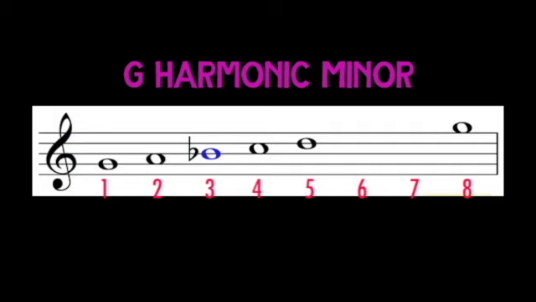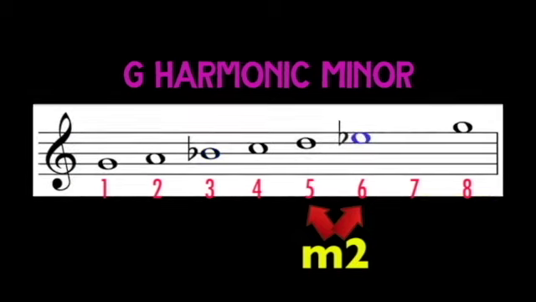So we're almost there. All we have left to do is get the 6th and 7th scale degree. But these are the hard ones in minor because these are the ones that change. If you've studied these scales, you'll know that there's a half step in the harmonic minor scale between the 5th and 6th scale degree. So above that D, we are going to put E flat.